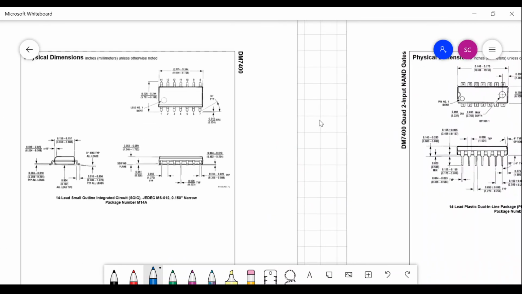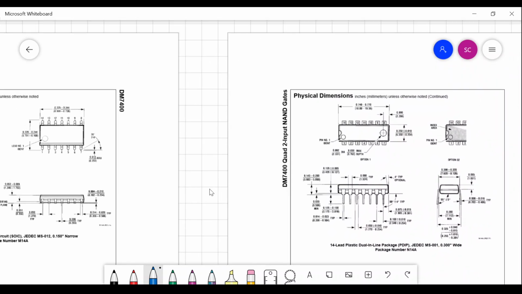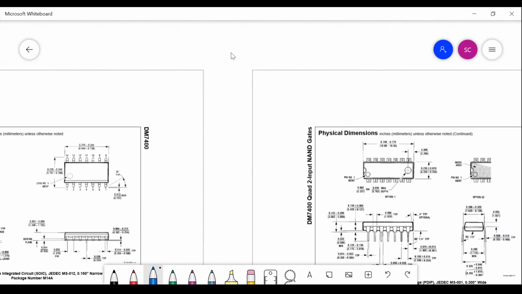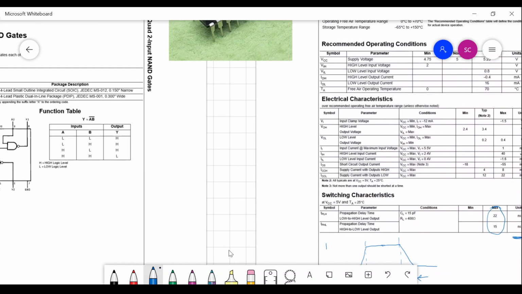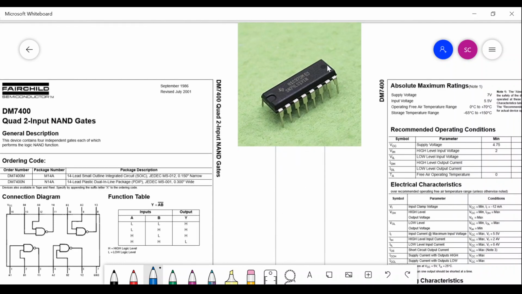So here are some pictures of the different things on the physical side, some mechanical dimensional things. And one thing I forgot to tell you, how to know which is pin number 1 by looking at the physical chip. You see that there is always a groove like this in the chip.